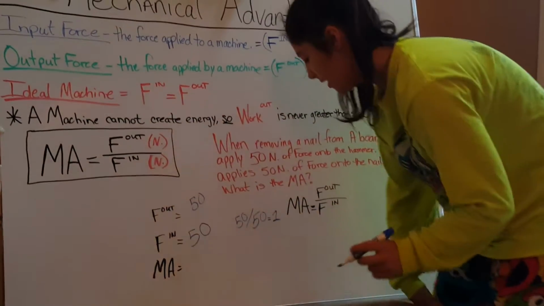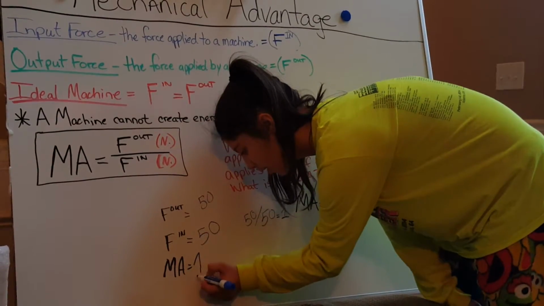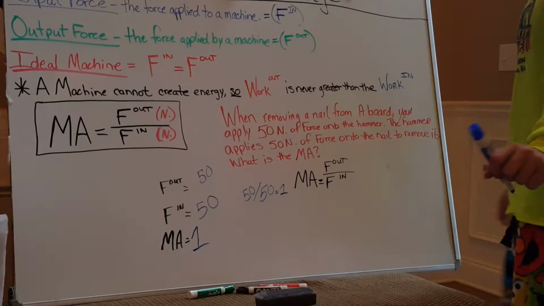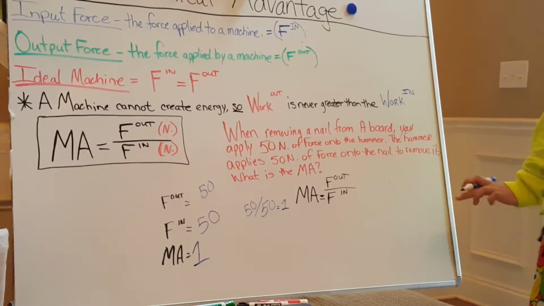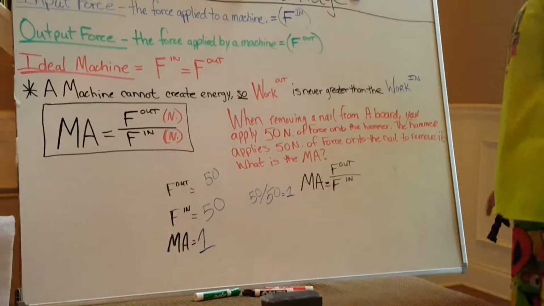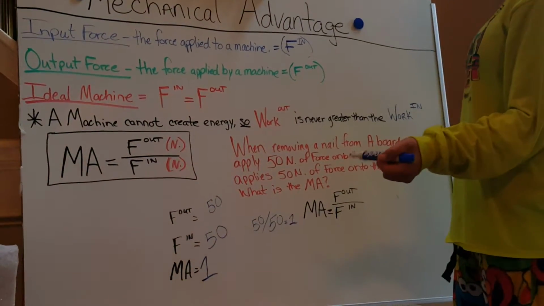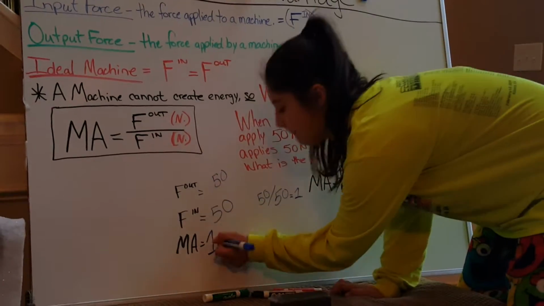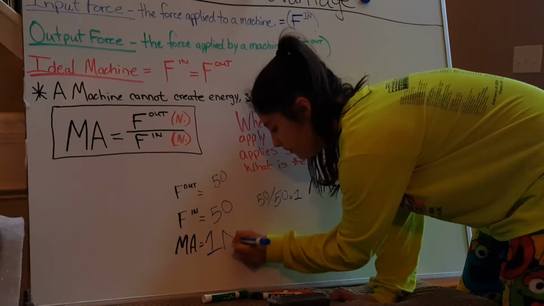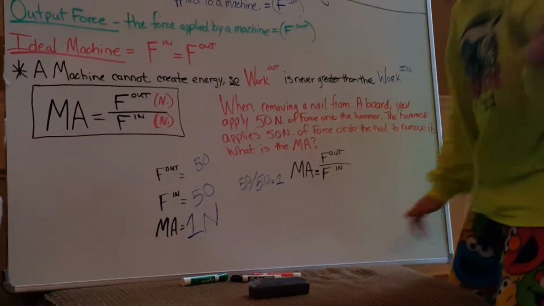Mechanical advantage is going to equal 1. But we have to put our SI units. Isn't it newtons? Because everything else is measured in newtons.